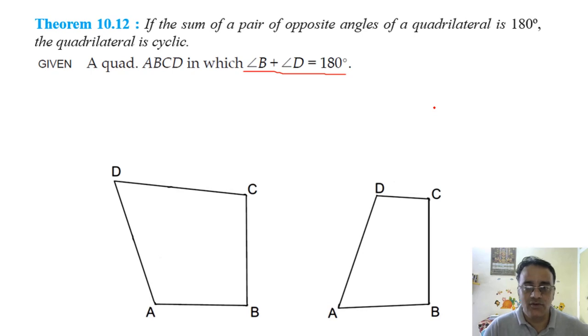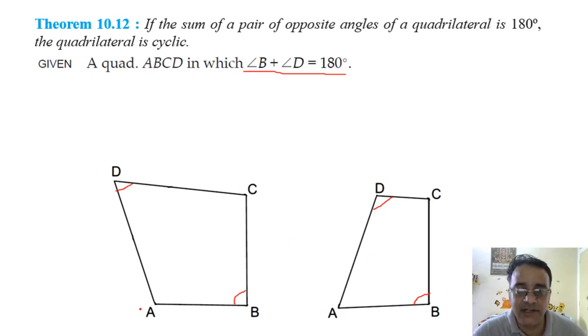ठीक है? So let us take one quadrilateral. The sum of these two angles in both the cases, ये दोनों angles मान लो 180 degree दिया हुआ है क्वेश्चन में. And we have studied that one and only one circle can be drawn through three non-collinear points.